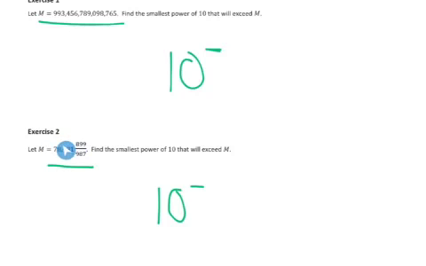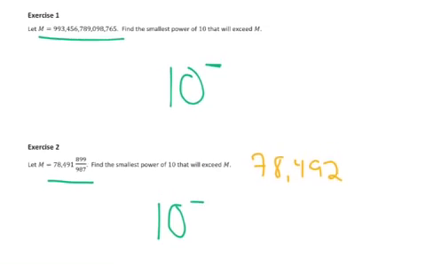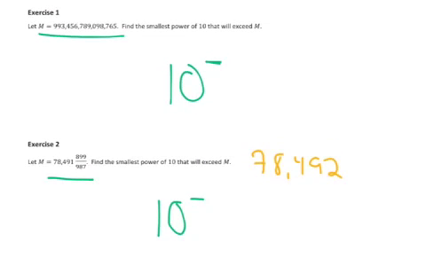So I'm going to estimate this number right off the bat to be 78,492. So now I want you to try to find 10 to what power would exceed exercise 1 and 10 to what power would exceed this value we have right here for exercise 2.